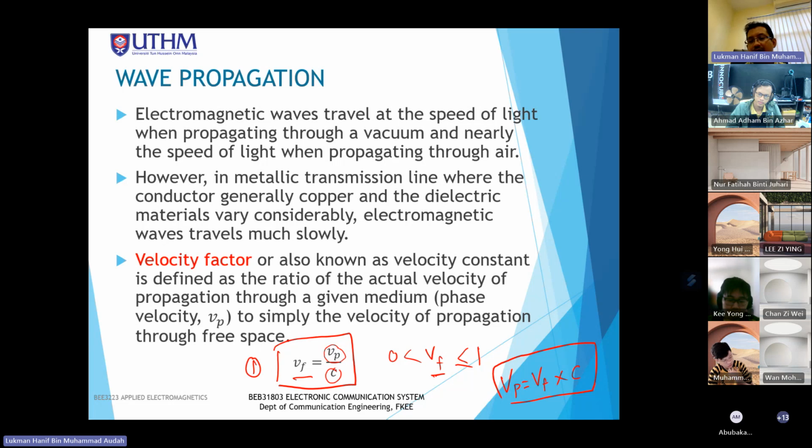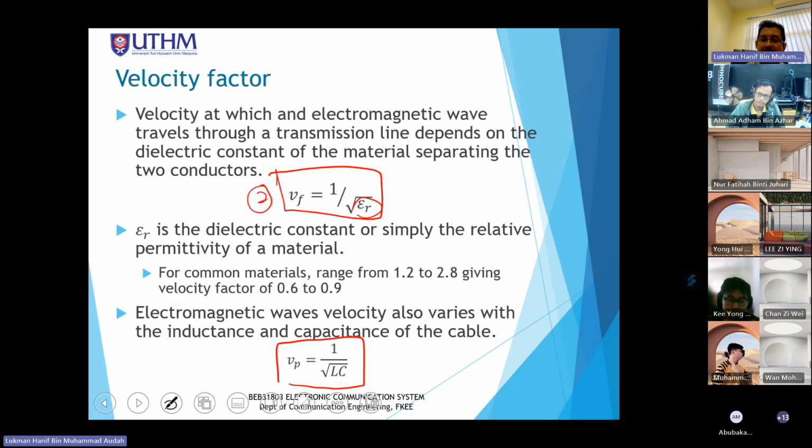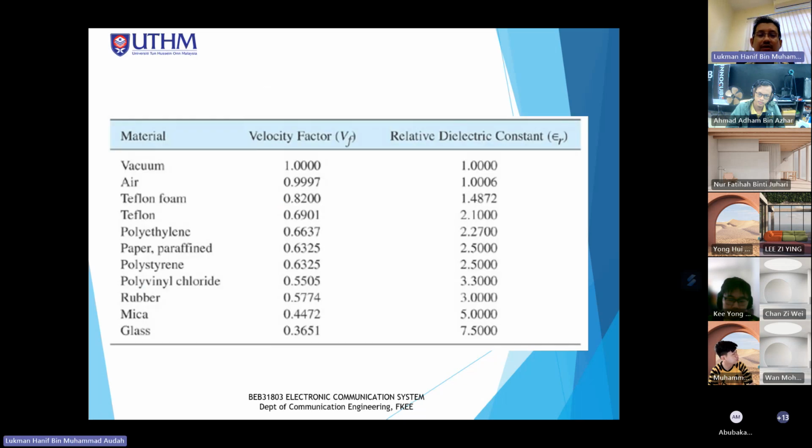And we can also calculate Vp in terms of inductance and capacitance. If you're given the inductance and capacitance of the transmission line, we can calculate the speed of the wave that travels inside the transmission line. And this is it, the velocity factor and also the dielectric constant.